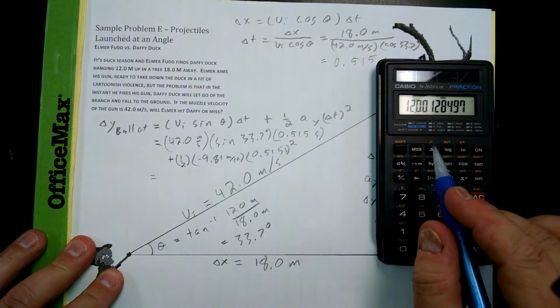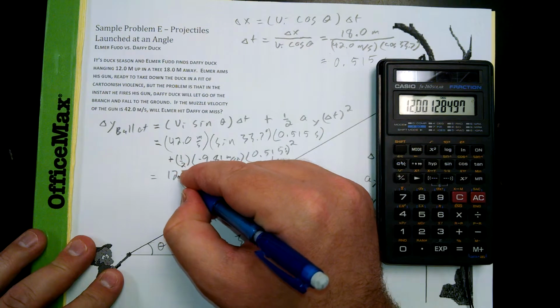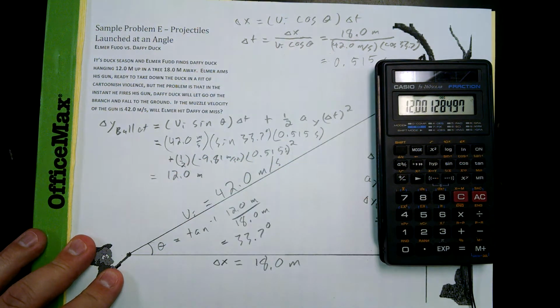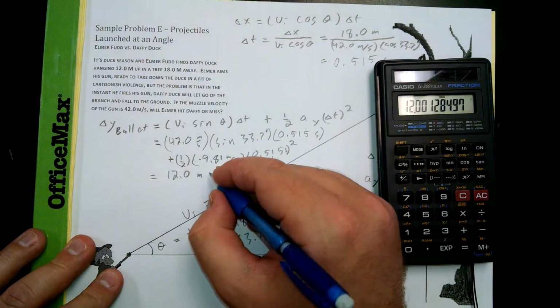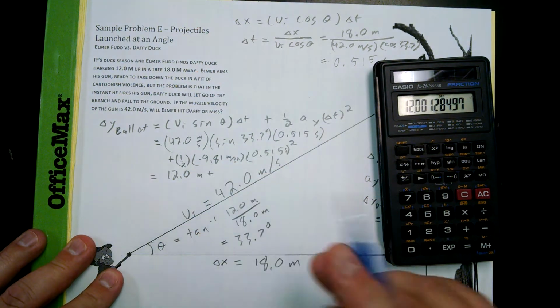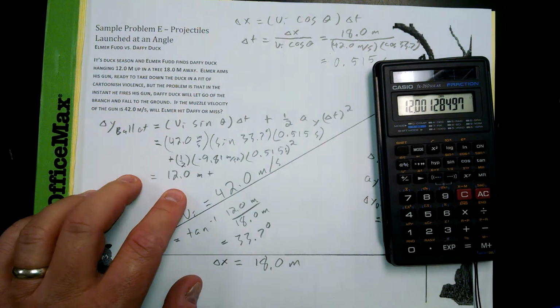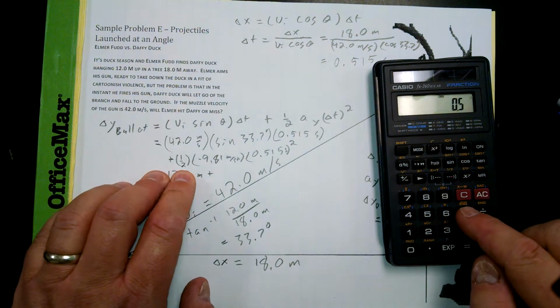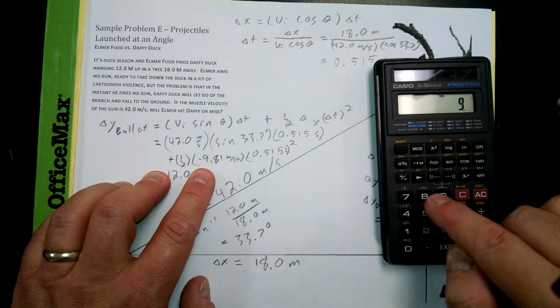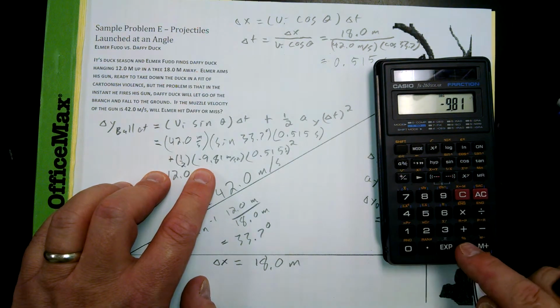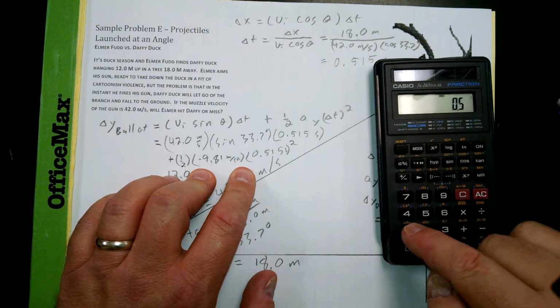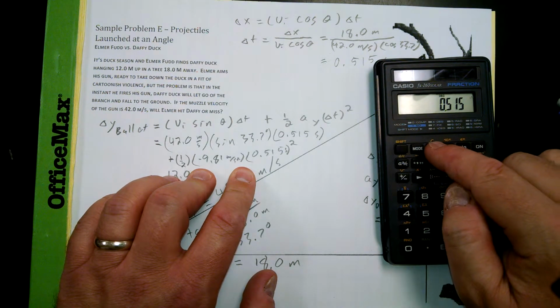That is roughly 12.0, and that's going to be in meters. Okay, now let's get the second part of the formula. Sorry about scrunching everything up there. The second part is going to be 1/2 times negative 9.81 times 0.515 squared.